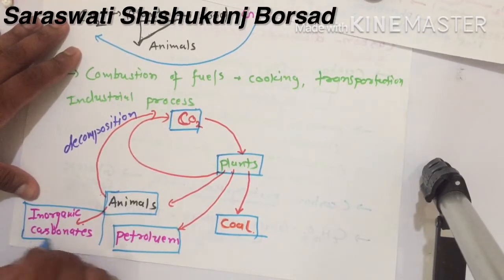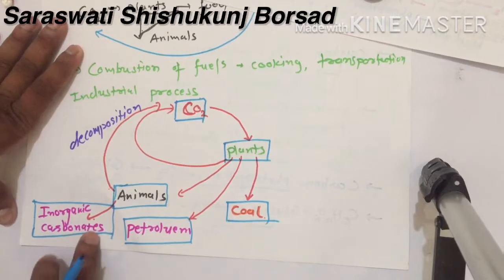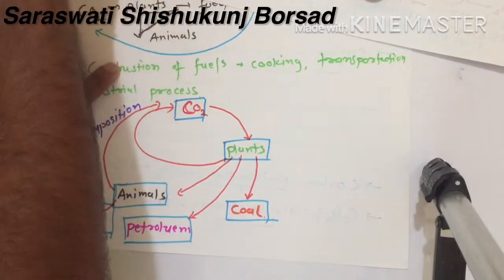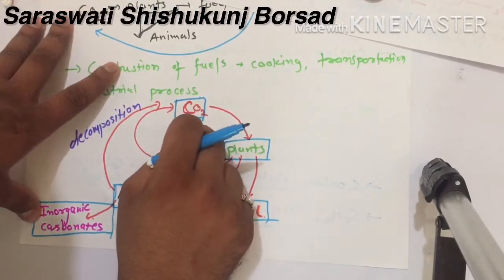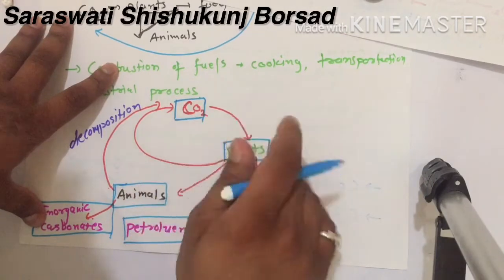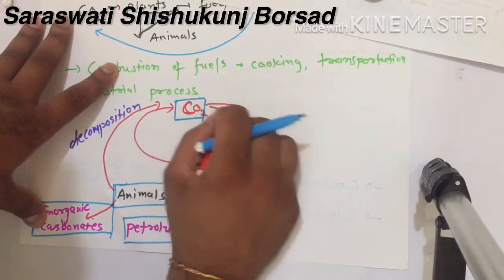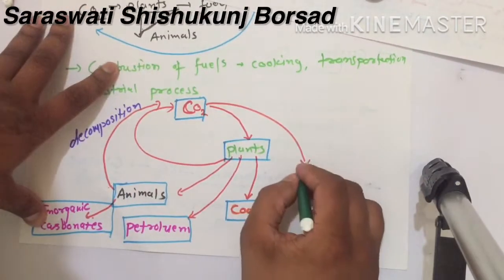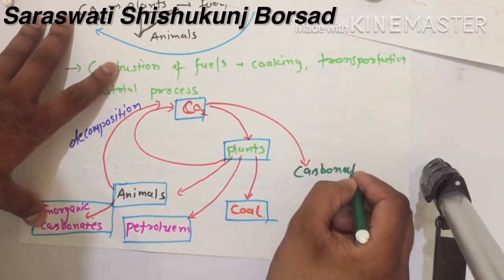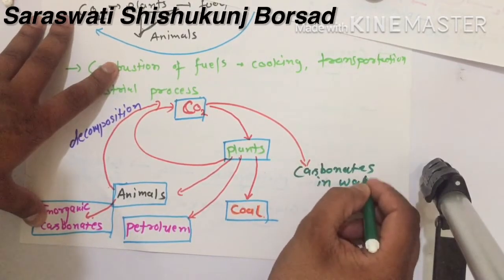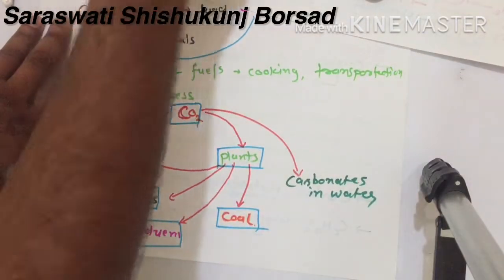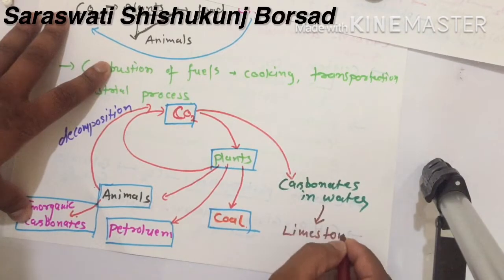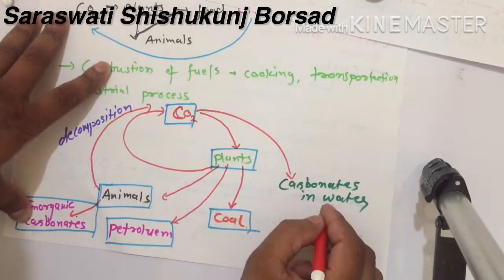The cell, right, the outer layer of animals will be different types of inorganic carbonates. The carbon dioxide which is present in the atmosphere can be in the form of carbonates also. So it may be in the form of different types of carbonates in water, and generally those carbonates are limestone, that is CaCO3.